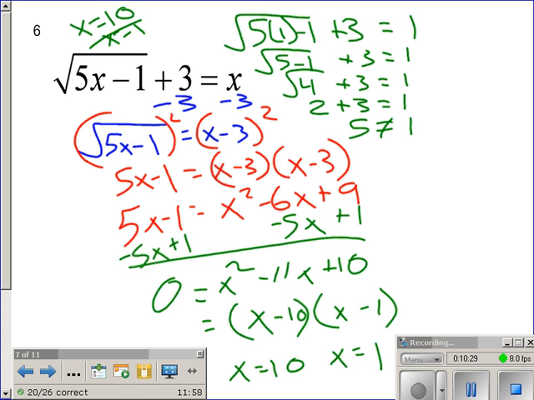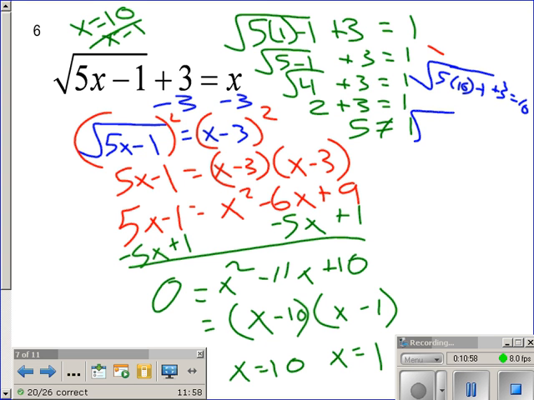Try the same thing again, and we use 10. Square root of 5 times 10 minus 1 plus 3 equals 10.